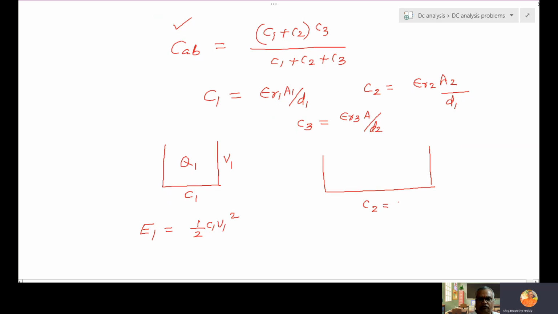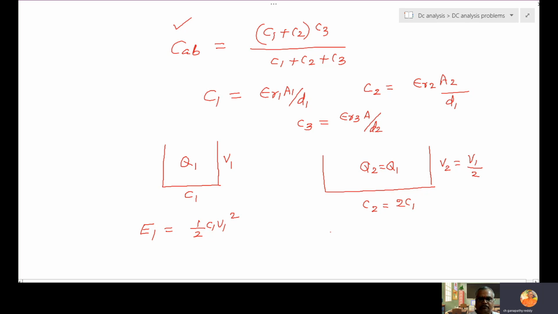If C2 equal to 2C1, if Q2 equal to Q1, if container width is double, when quantity of water remains same, what happens to level? It reduces, now V2 equal to V1 by 2.